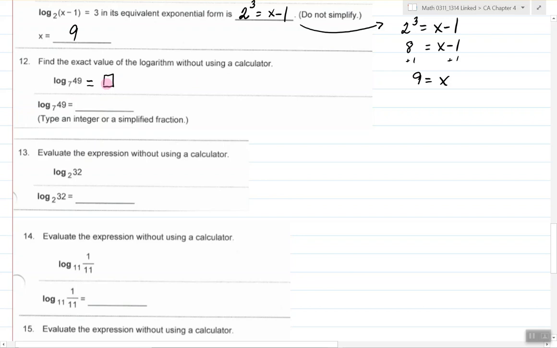And now I'm going to write it in exponential form. The base is 7. The power is a box. It's equal to 49. This is saying what power do you have to raise 7 to get 49? The answer is 2.